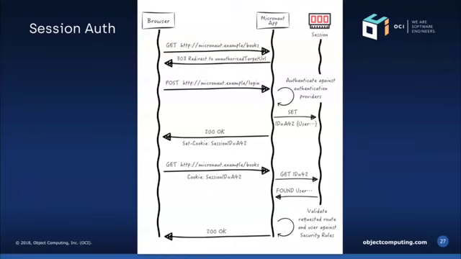For example, I live in Spain, so instead of having the login controller path be login, I can change it to something in Spanish like entrar. So the path of these endpoints is completely configurable.